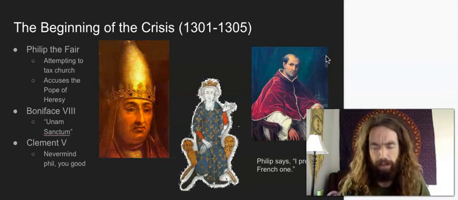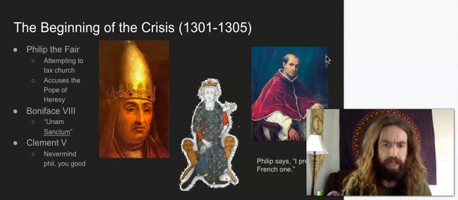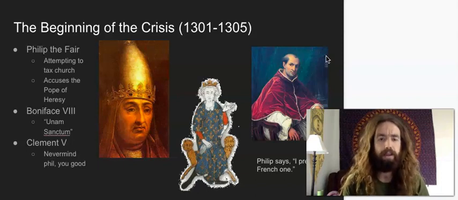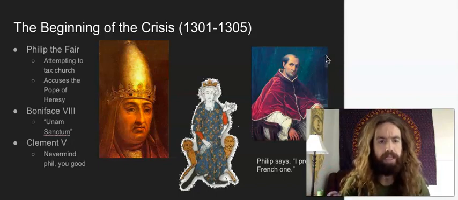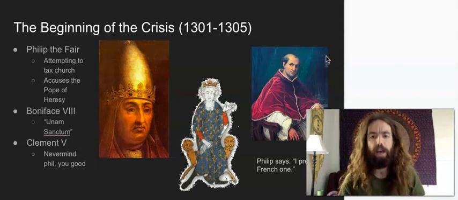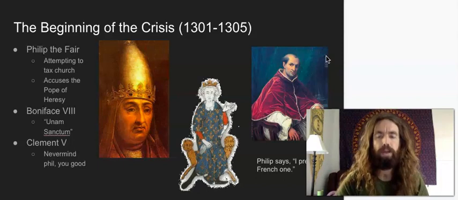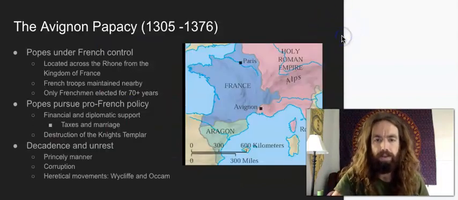There is a lot of wrangling over who the next pope is going to be, but it ultimately ends up as a French guy, a guy named Clement V. And Clement V forgives Philip the Fair for what he did to Boniface, and gives Philip the Fair basically everything he wants. On top of that, Clement moves the papacy from Rome to the city of Avignon.